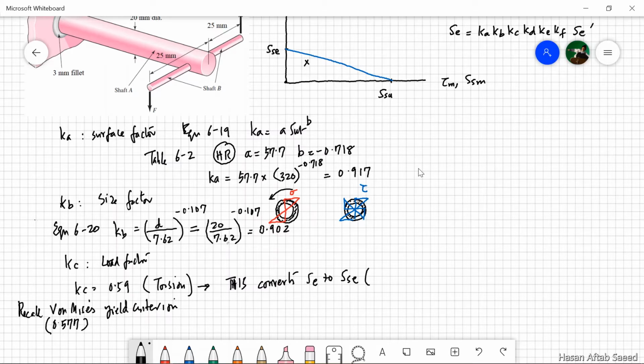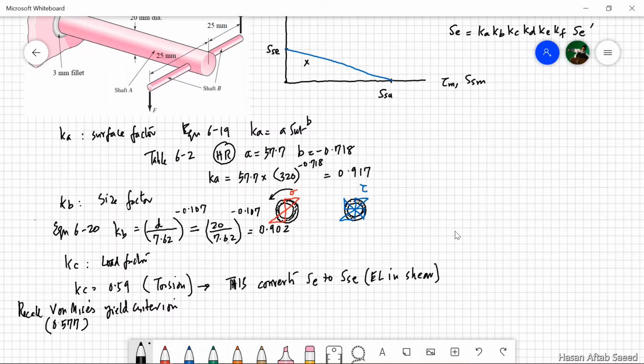As for the other factors, KD, KE, KF, there's no talk about temperature or reliability, so we can take all of those equal to 1.